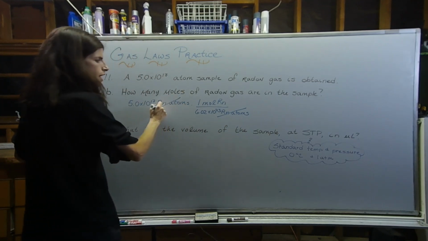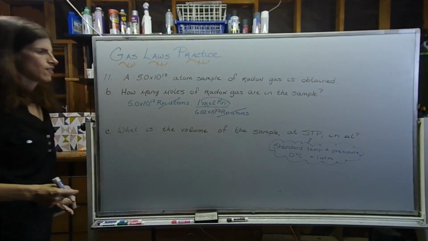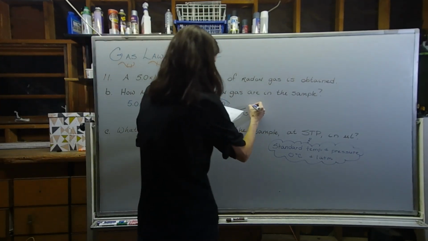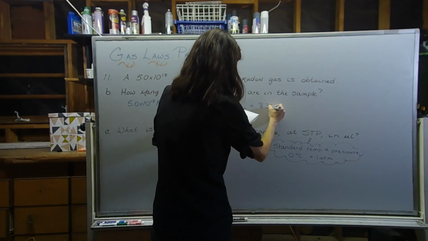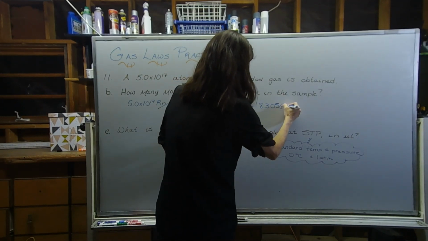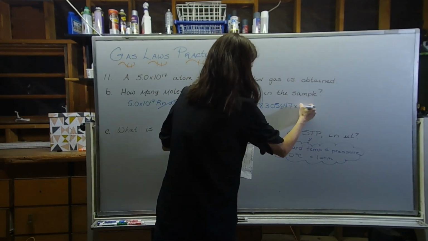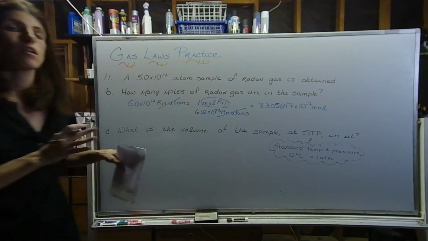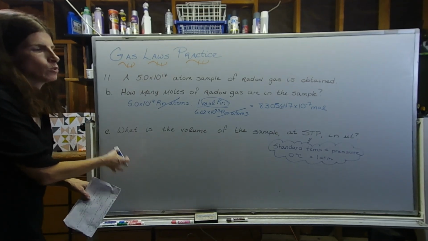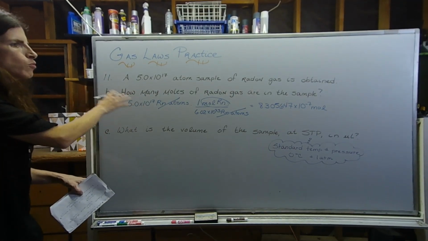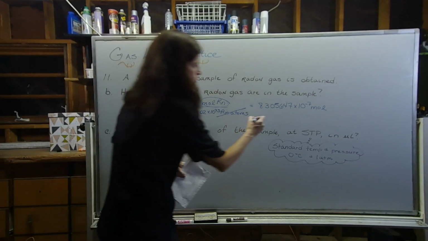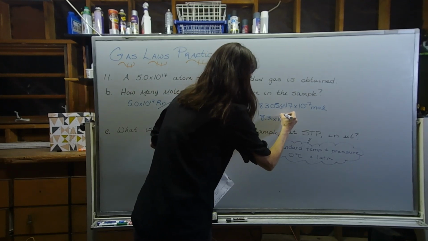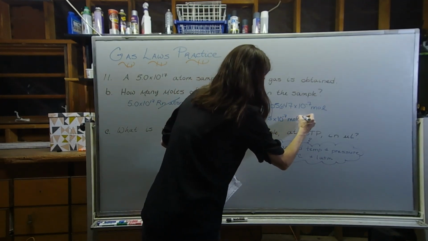So atoms canceled atoms, and I'm just left with moles. And I got 8.305647 times 10 to the negative 7 moles. Way too many sig figs. I wrote those all down because we need that value in the next problem. However, if the problem were to end here, we only have 2 sig figs, so we should say 8.3 times 10 to the negative 7 moles of radon.